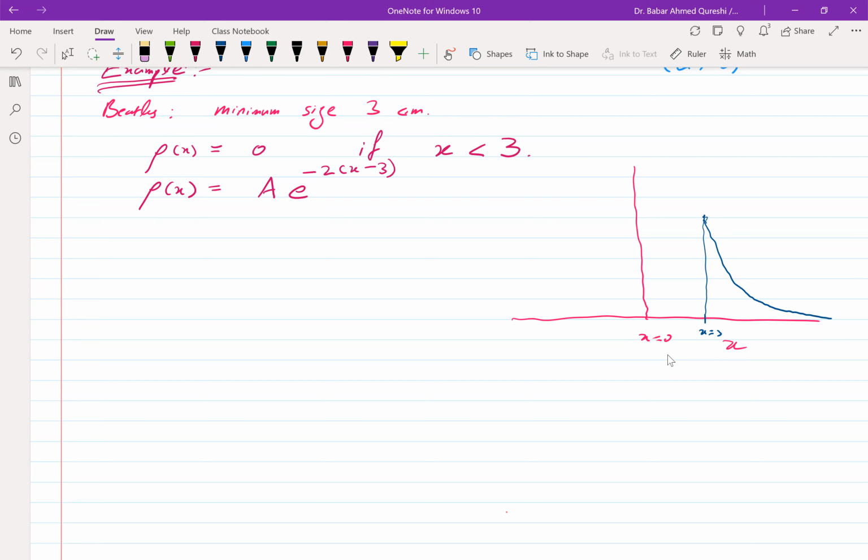So if I pick a bin around, let's say, size 2, a strip around it, I get 0 because there's no value for rho at that point. So when I multiply it by a small bin, I still get 0. So the probability of finding any beetle of size less than 3 inside the box is 0.